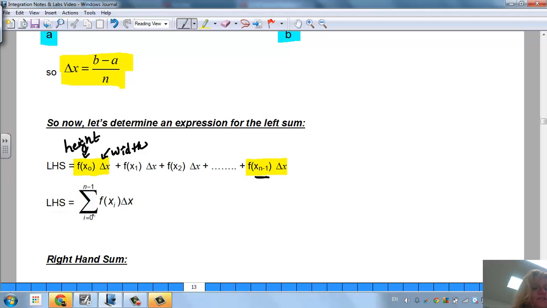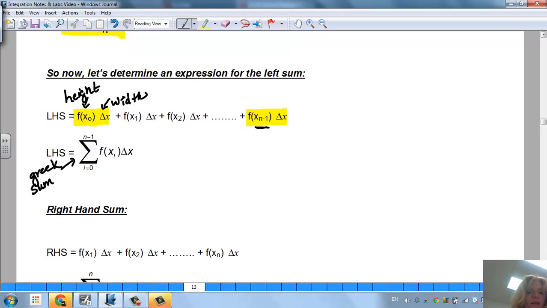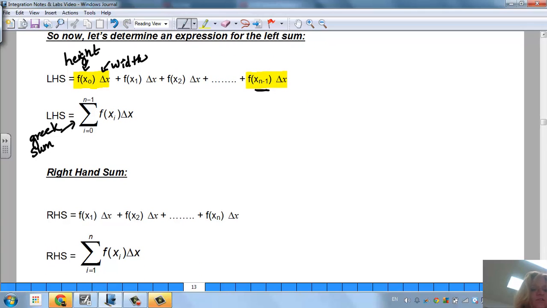So the left-hand sum is the summation from 0 to 1 short of all my y values times that change in my x. All right, so this is using the summation. This basically, just for a little background, is the Greek symbol for sum, the Greek letter S, capital S. The right-hand sum is we're doing the same thing, except we're starting at the first value.